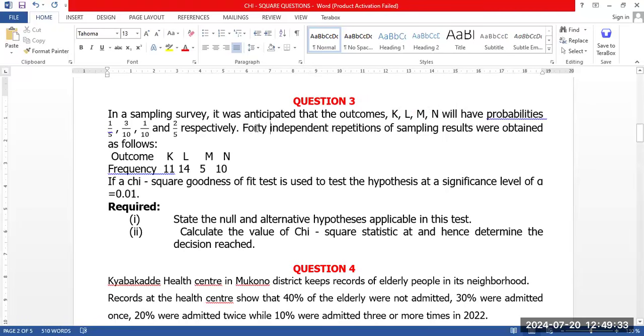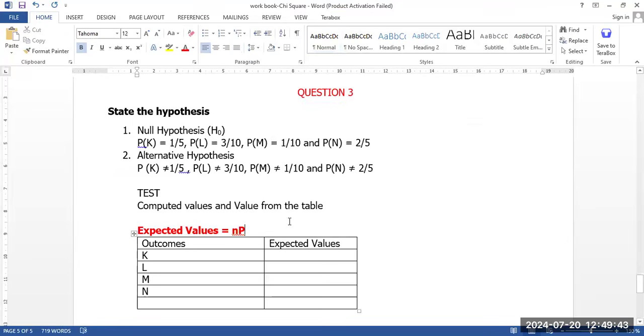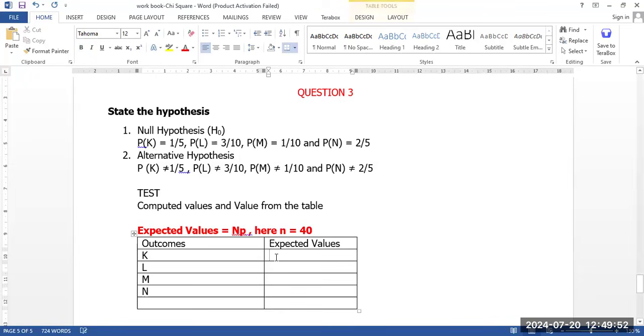So this is our N. Here N is equal to 40. So you get 40 and the probability of K. What is the probability of K? Here you get 40 times 3 out of 10.